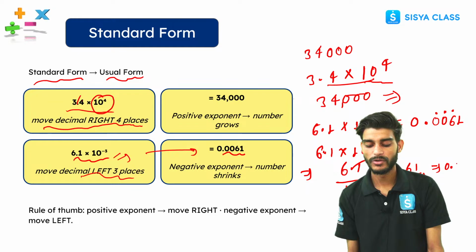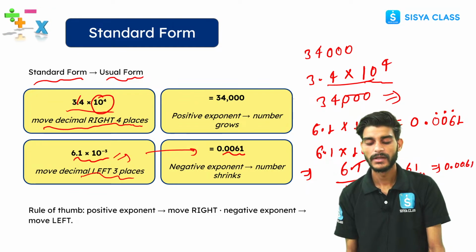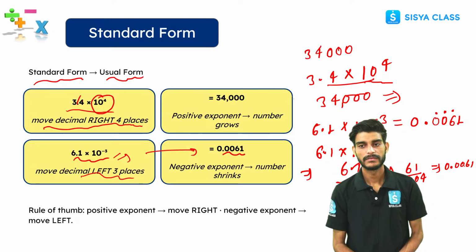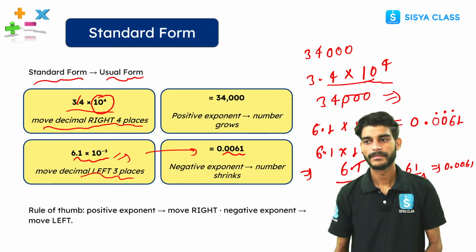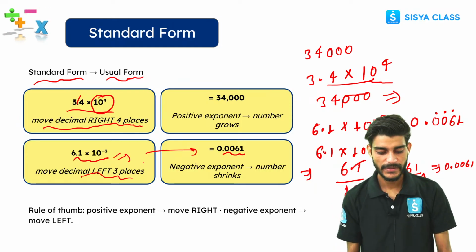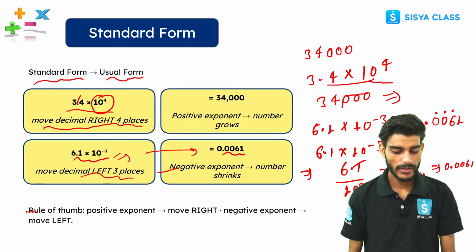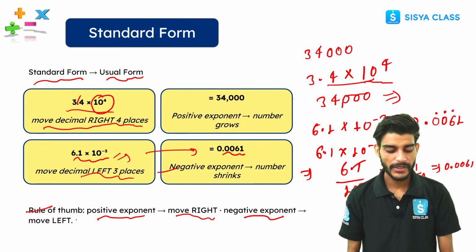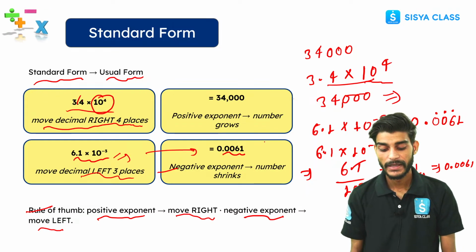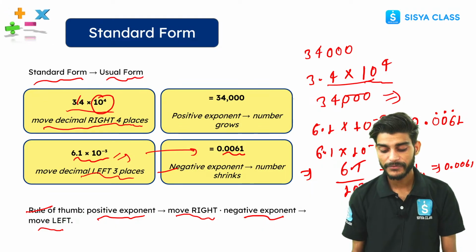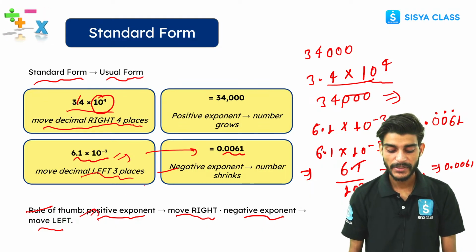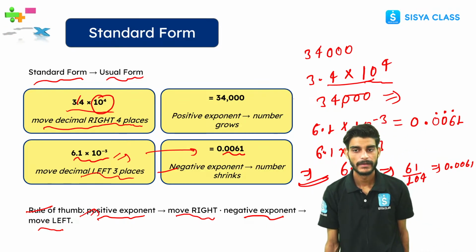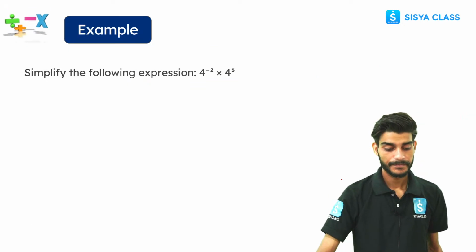Divide it, 0.0061. This way also you can follow. So the rule of thumb is: positive exponent, move right; negative exponent, move left. If you are feeling hard with this rule, you can follow this one also. Clear? I hope this is clear to you.